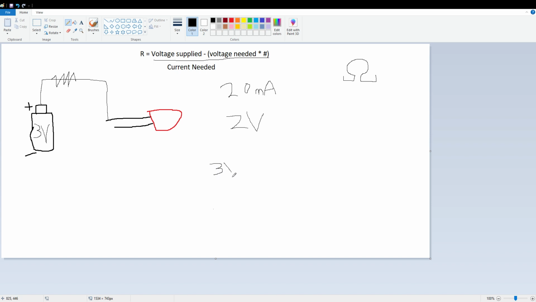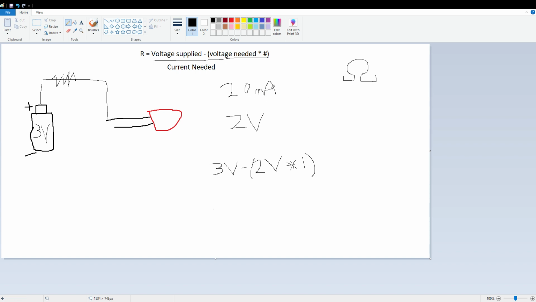So I can put a 3 volts here, and then minus the voltage needed times the number of LEDs you have. So for here, looking at these red LEDs, I generally know this, but I just looked up one on eBay. They usually need about 2 volts at 20 milliamps. So I can go ahead and put my 2 volts here in the formula, minus, and then I only have 1, so times 1, pretty easy.